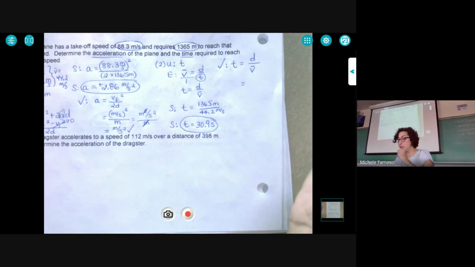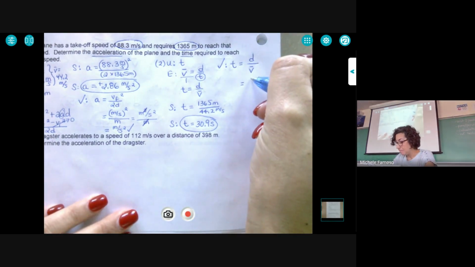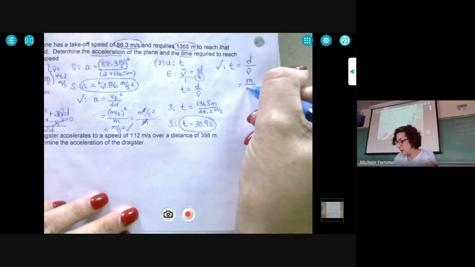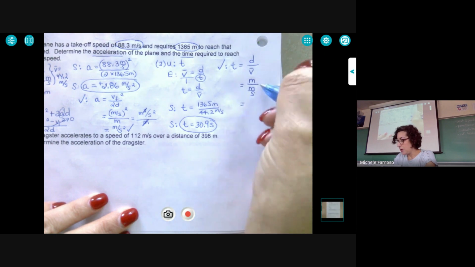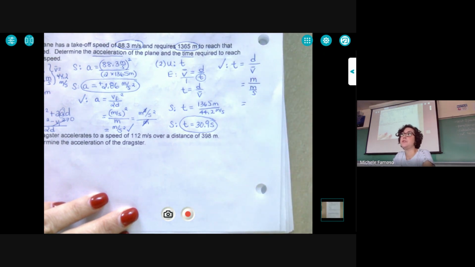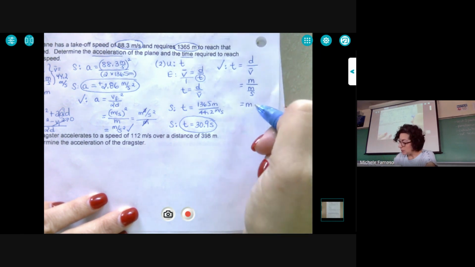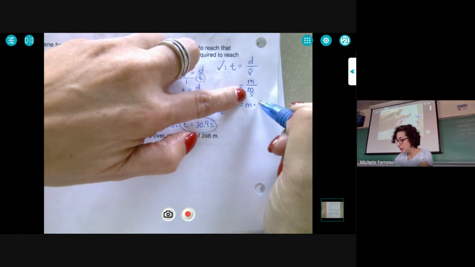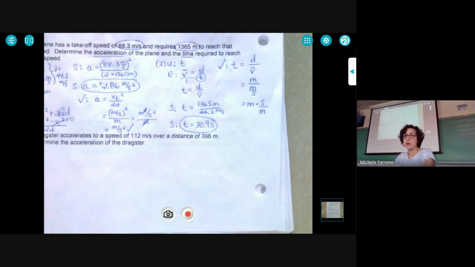Okay, now the check on time is distance over average speed. Mike, what are the units for distance? Yep. Grace, what are the units for average speed? Okay, this is the one that we're going to flip. You are dividing by a fraction. When you divide by a fraction, it's the same as multiplying by that fraction's reciprocal. So that would be meters times, not meters per second, but the reciprocal of that, which is seconds over meters.